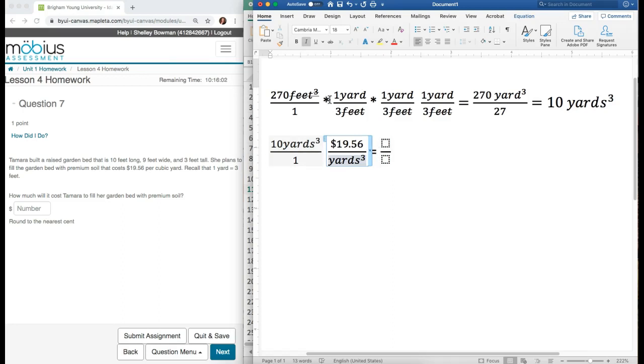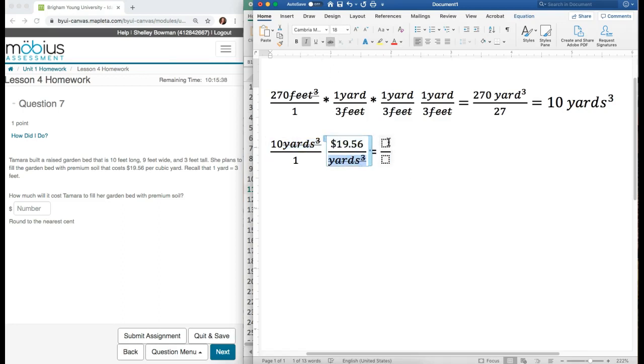So just like we did up here, because I have yards cubed on the top and yards cubed on the bottom, that's yards cubed divided by yards cubed, which gives me 1, or you can just think of it as being canceled. 1 times 10 is 10. So I end up with 10. Oh, let's cancel these out, the cross out feature, strike through.